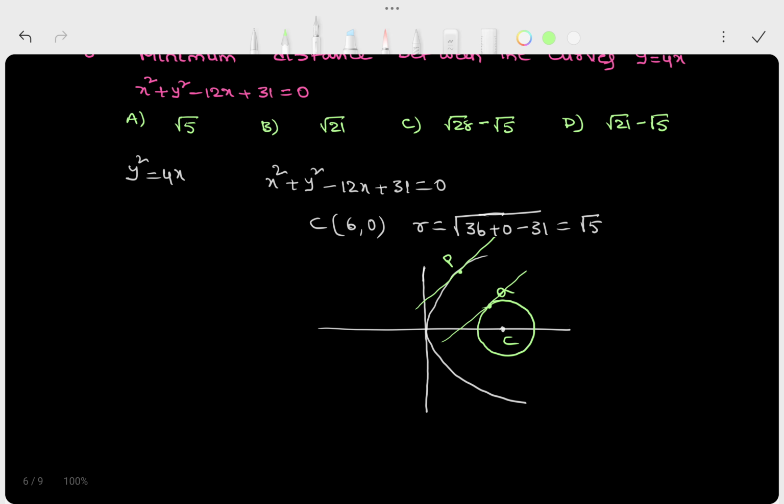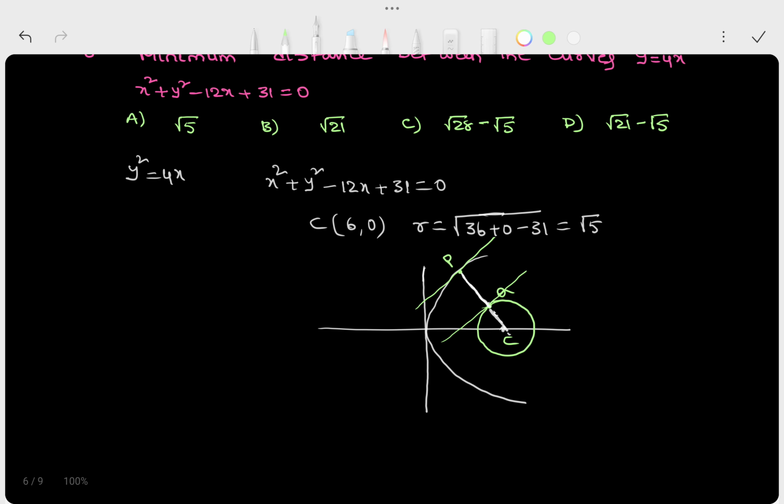According to the concept of shortest distance, it is this length. I hope everyone is clear. Now this is a normal to the circle. Normal means the line passes through the center.